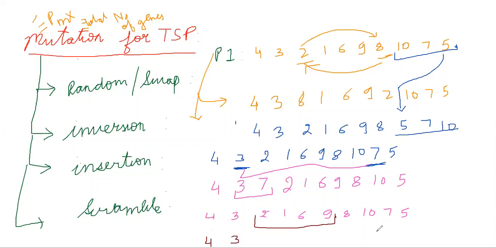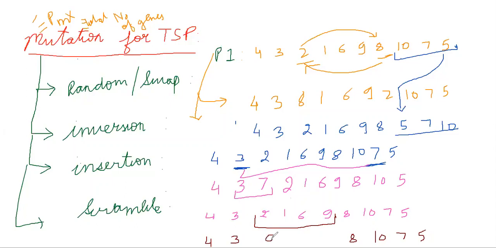So rest of the positions remain the same. But in between, in this substring which I have selected, I scramble the positions or I randomly interchange the positions.